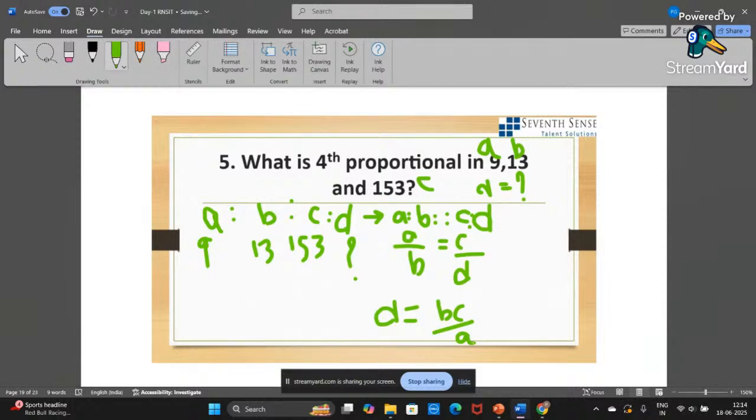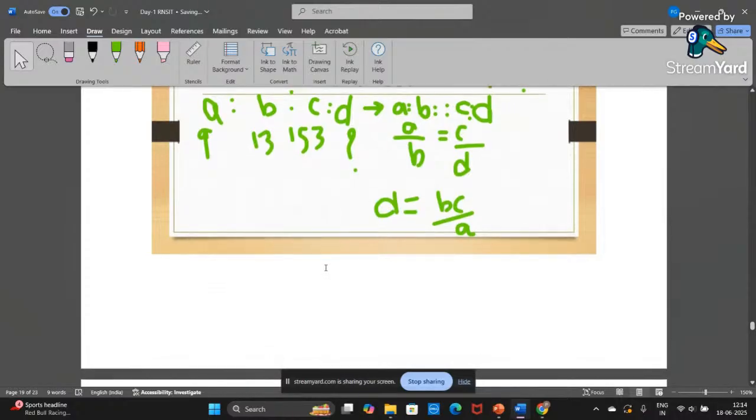Then substitute the values over here. What is B? It is 13. What is C? It is 153.